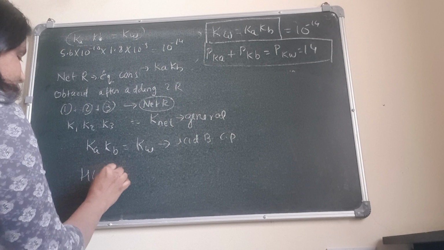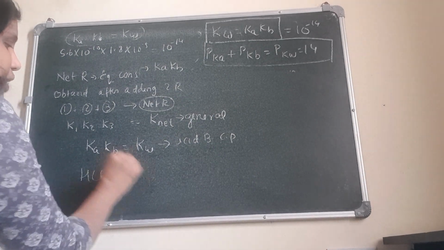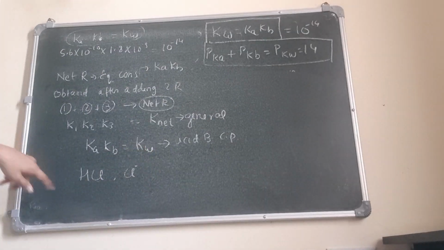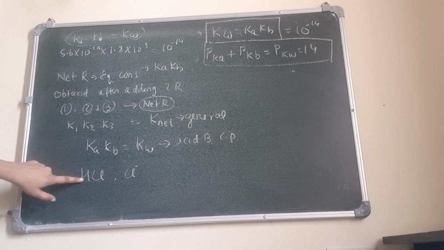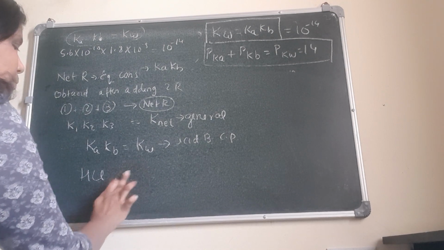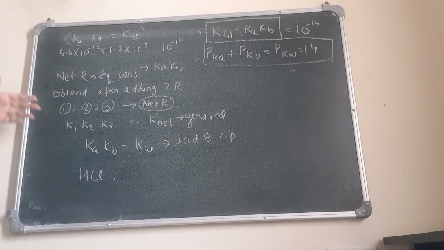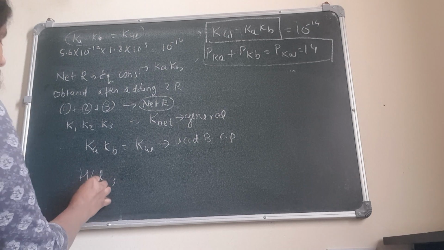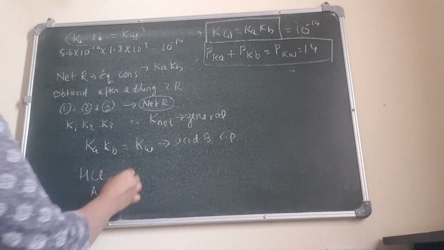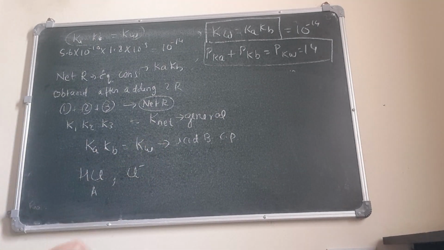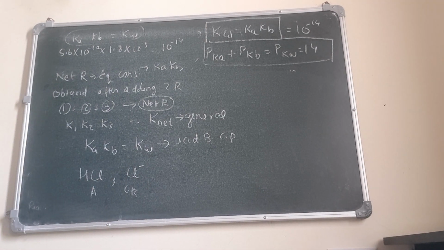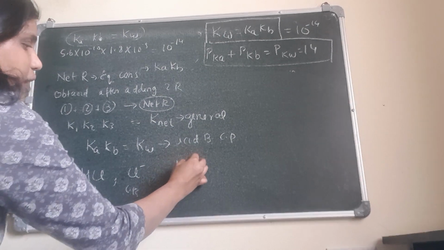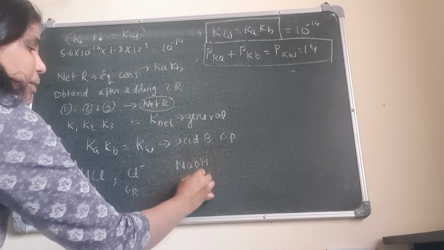Let us say I write HCl. Then I can write it for Cl negative, because this is an acid, it loses a proton, and when it loses a proton, it becomes Cl negative. Let us say this is my acid and this is my base in that case. So for this conjugate base, I can write this relation. I cannot do it for anything in general. So I repeat, or if I have a base, let us say I have NaOH, this is my base.